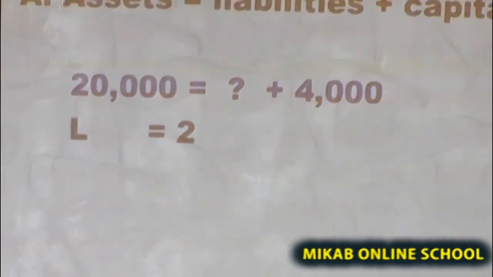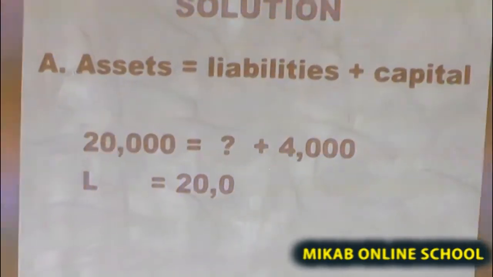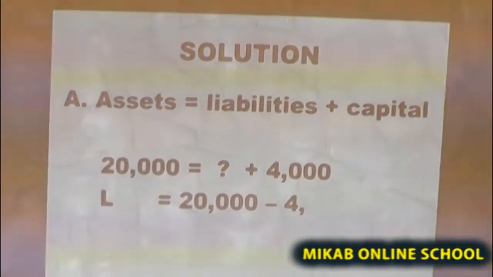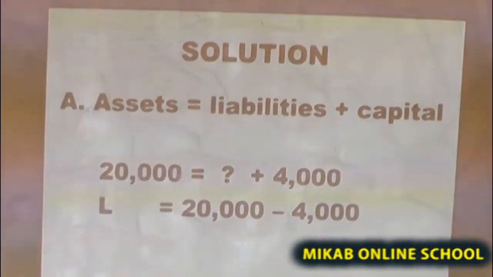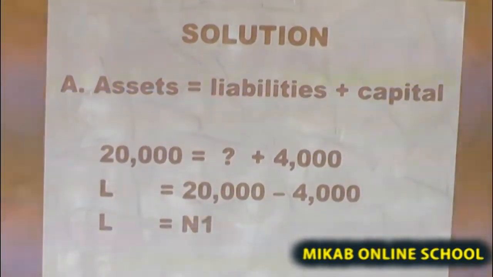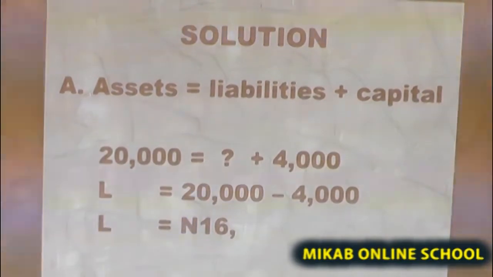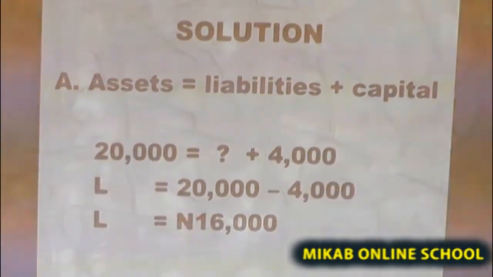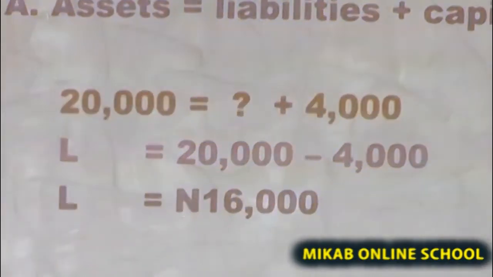For us to get liability, we will be saying liability will be equal to 20,000, which is the value of assets, minus 4,000, which is the value of capital. Therefore, liability equals 20,000 minus 4,000, which is equal to 16,000 naira.